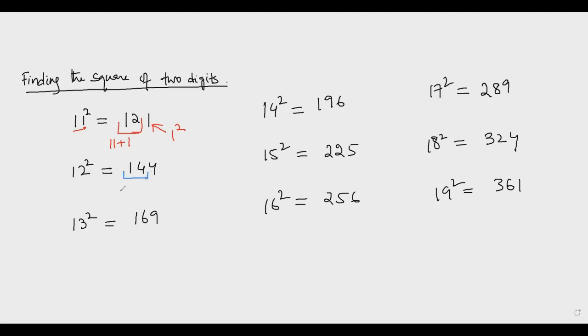This 14: the number 14 plus the last digit, and then the last digit squared. All right. So 13 square is 169, everybody knows that. Here I calculate the number 13 plus the last digit 3, so that will be 16. And then 3 square, 3 square is 9.